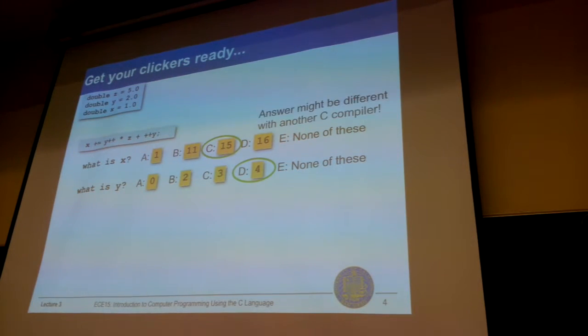But it turns out that the actual answer might be different with another C compiler. It isn't clearly defined in the programming language what should be done if there's multiple increment or decrement operators in a single line of code. So different compilers may take different solutions. So that's probably not the answer you want to hear.